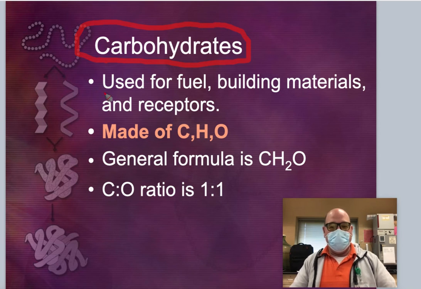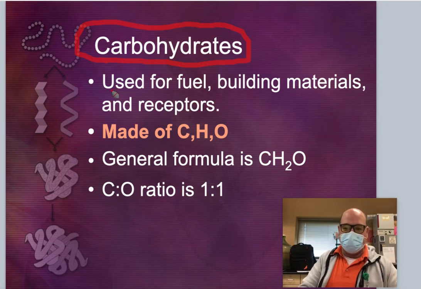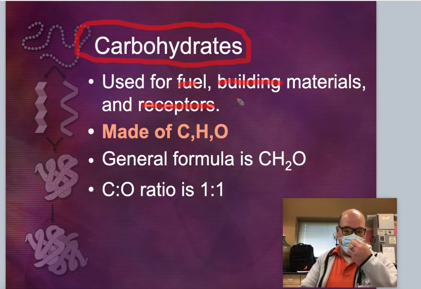So when humans and animals eat carbs, or even plants, plants don't grow carbs for us to use. They grow them for themselves, but we've sort of cultivated them or selected for them to grow the best kind of food or the biggest kind of food. But anyway, in organisms, these are used for fuel, building, and not very much, but they are on the surface of cells as receptors.